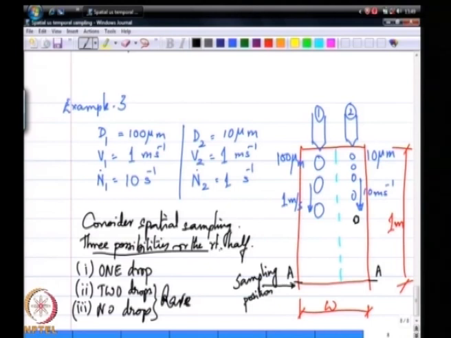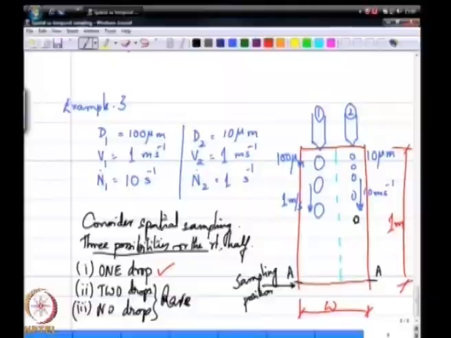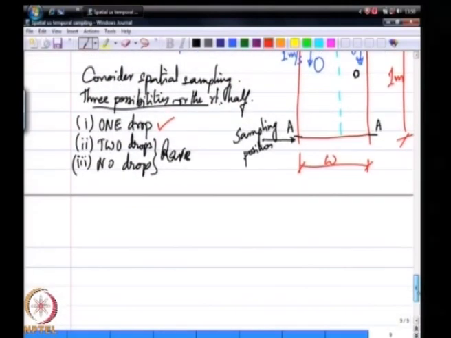So, in the 1 meter frame that I have, the only possibility is that I will have 1 drop resident in there. It is moving at 1 meter per second and it is going to take 1 second to traverse through the frame, and it is going to be 1 second after this drop is produced that the next drop will be produced. So, that is the story for the right half.